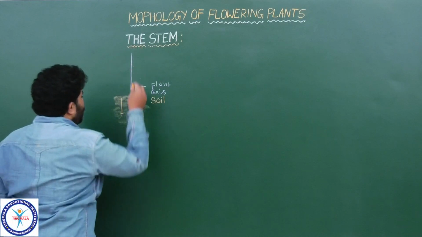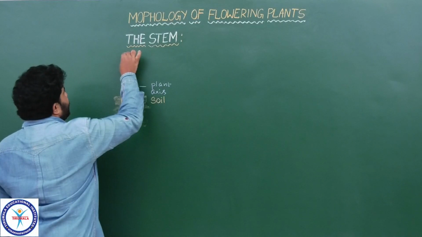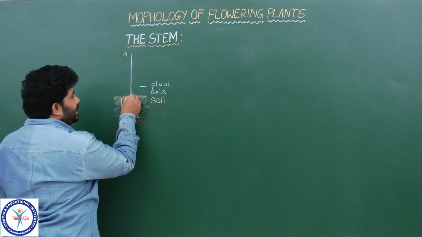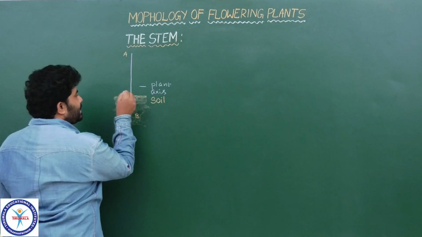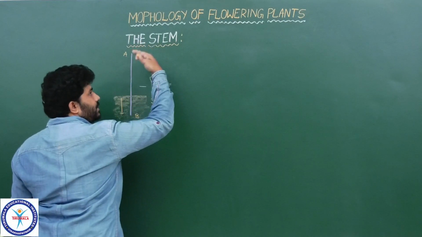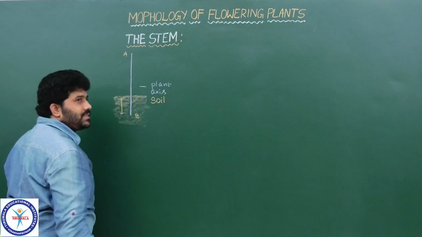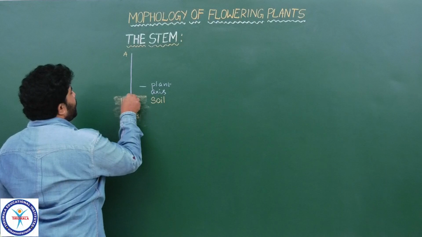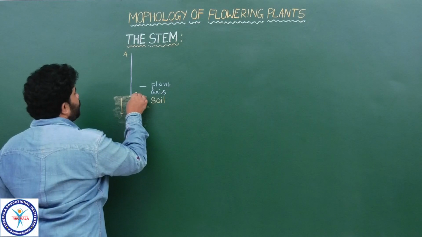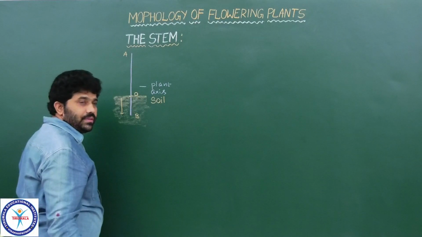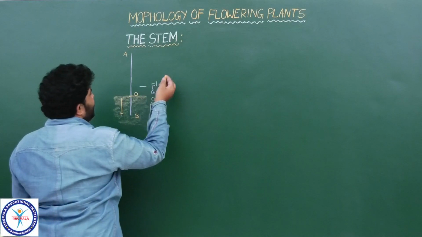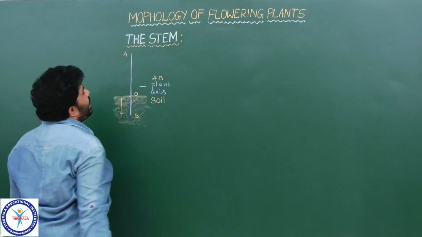Suppose this end is B. From the exact point at which part of the plant axis is placed outside and the remaining part is placed inside the soil, that point we take as O. All these are the alphabets we are using here. So completely AB is a plant axis.